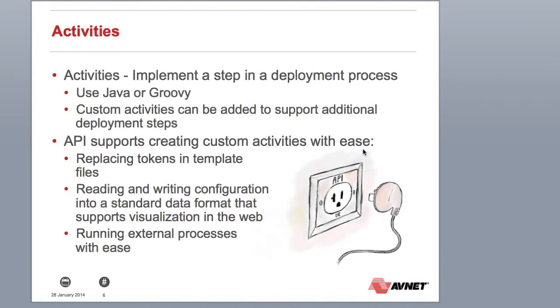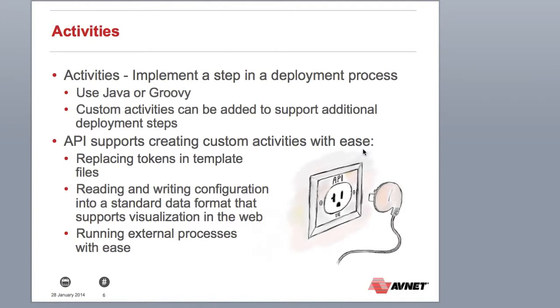Activities are implemented in either Java or Groovy, and they provide the logic for each individual step. So an orchestration engine would invoke activities in a specific order in order to accomplish some larger picture goal. And each activity then just provides the intelligence to know how to do each one of those steps.